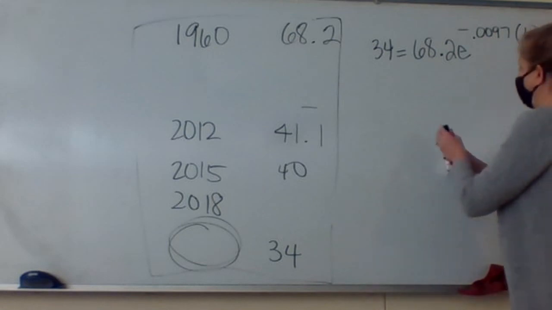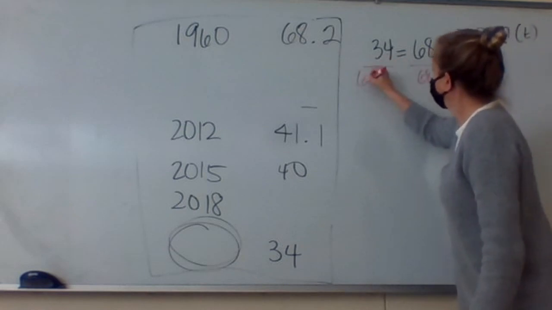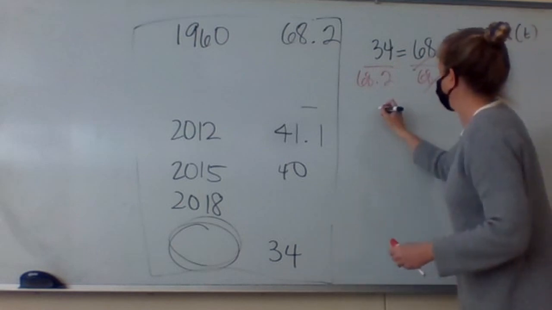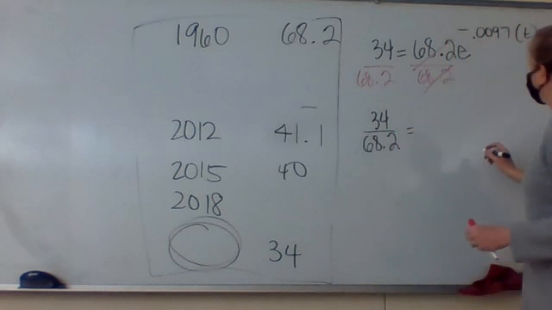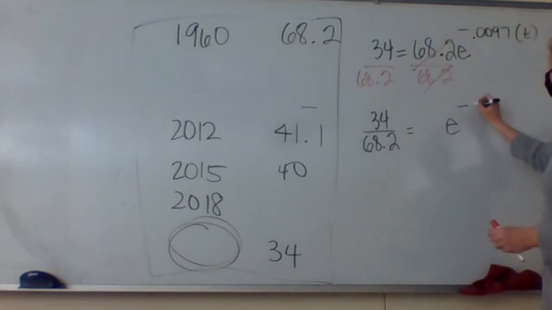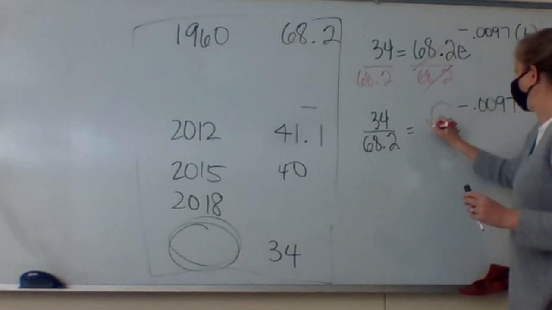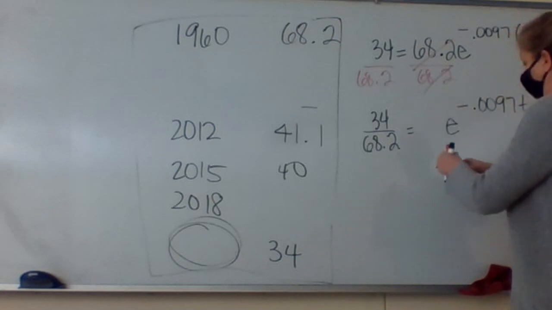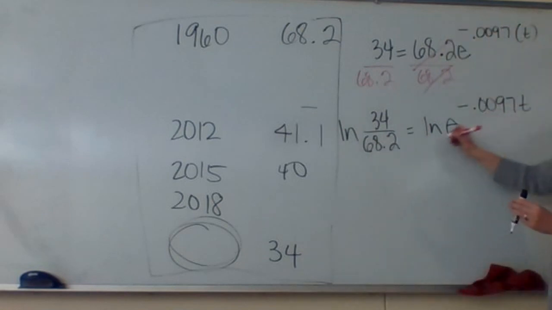So solving for that T, I need to first divide by 68.2. Get rid of that. So now I've got 34 over 68.2 equals E to the negative 0.0097 T. So if I'm solving for T, I need to get that out of the exponent, which means I need to do what? ln both sides. So that will bring me out of the exponent.